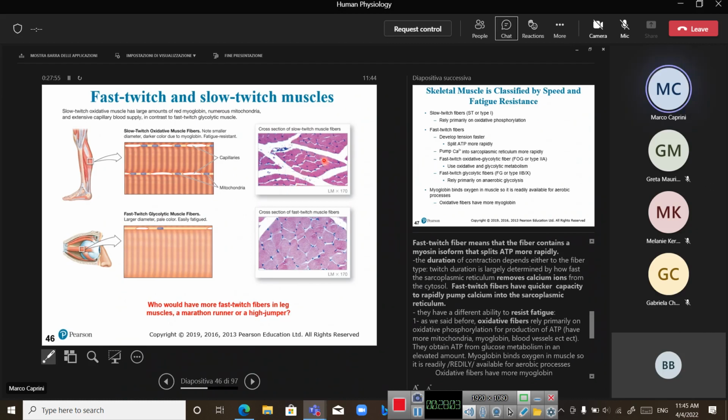For this reason, they have more mitochondria, they have myoglobin for the transport of oxygen, they have more blood vessels, and they obtain ATP from glucose metabolism in an elevated amount, as we said before.